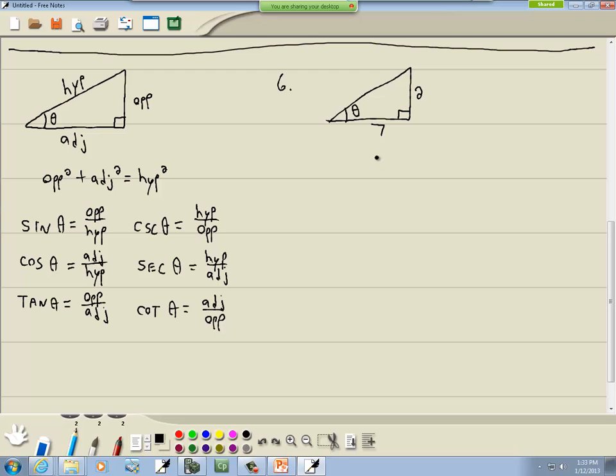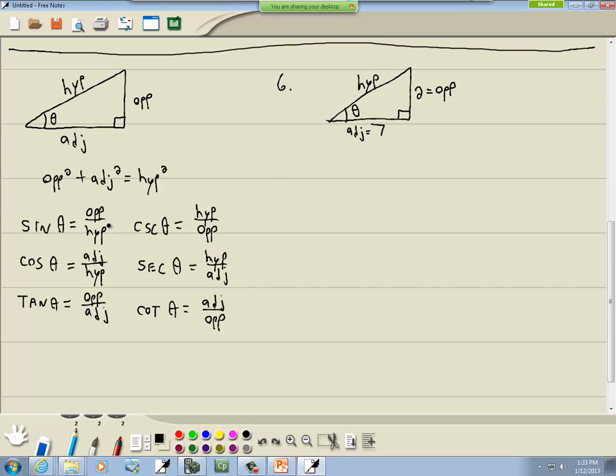Well, here's our angle. The side opposite of it is your opposite side. And the side adjacent to it is your adjacent. Now it'd be different if I put my angle up here, because the side that's opposite of this would be this one here. So you have to look where theta's at. And of course this is our hypotenuse.